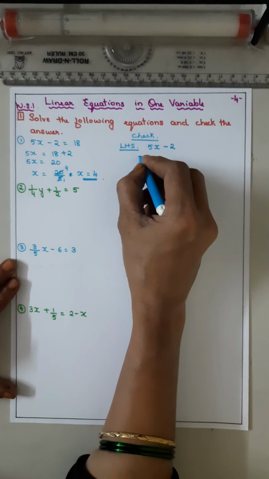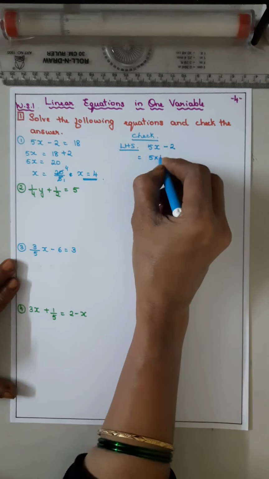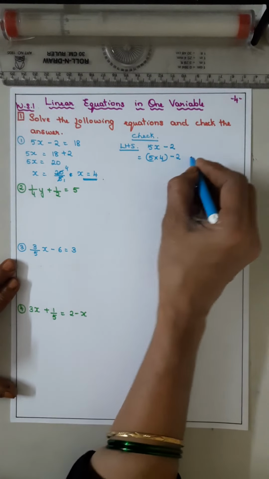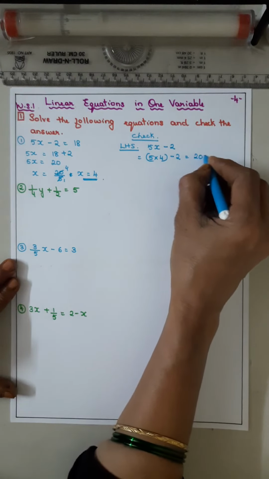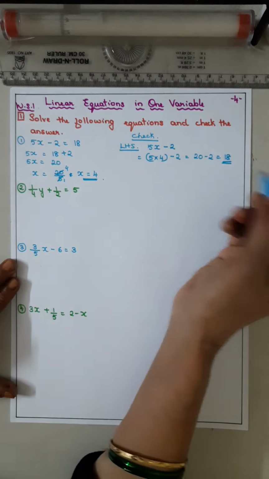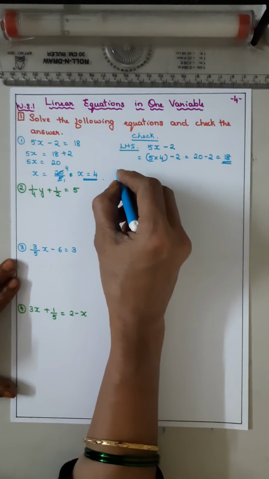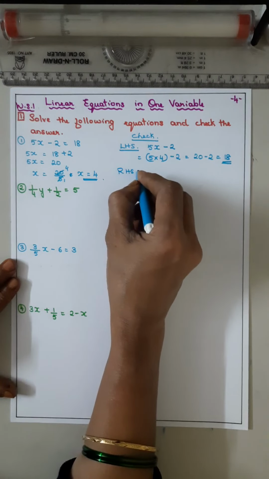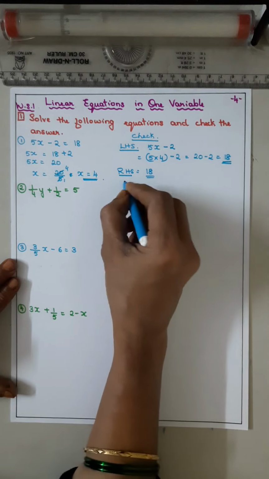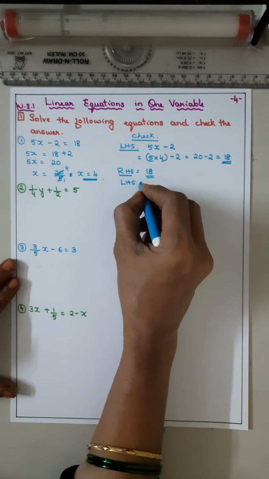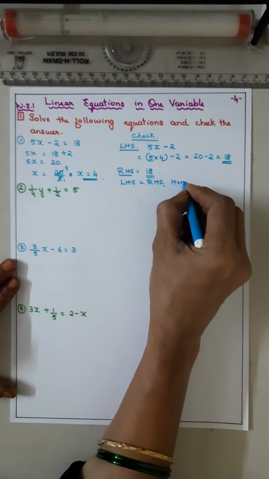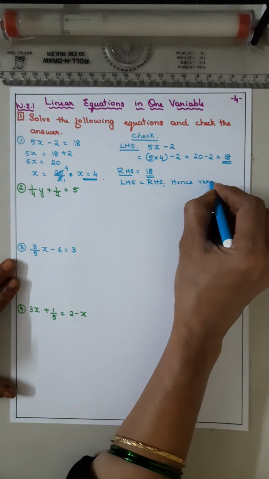So put the value 5 into 4 minus 2. 5 fours are 20 minus 2 is 18. So LHS is 18 and RHS already it is given 18. So LHS is equal to RHS, hence verified.